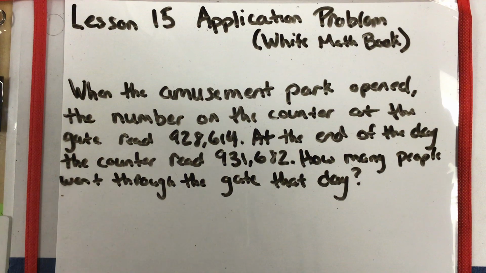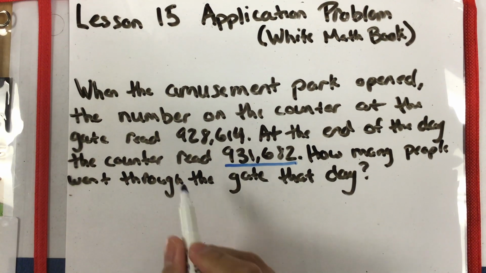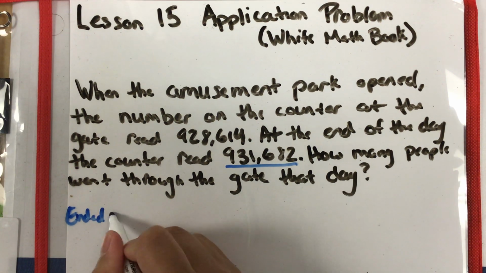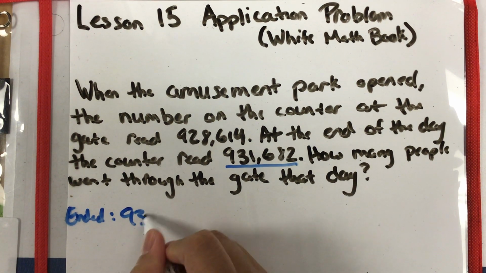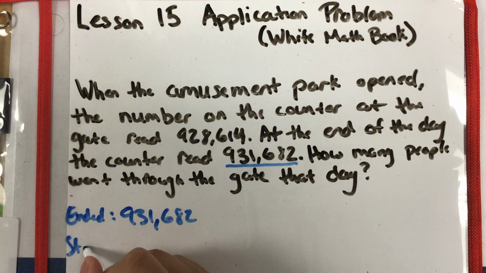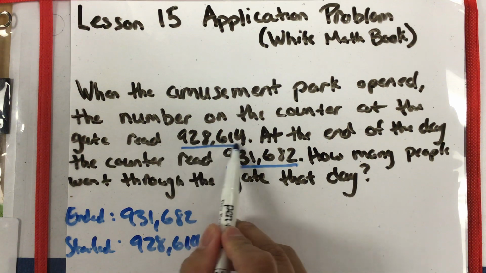So if we see how many they ended up with at the end, okay, we know it ended with 931,682 and started at 928,614.